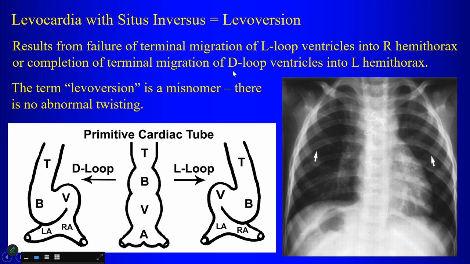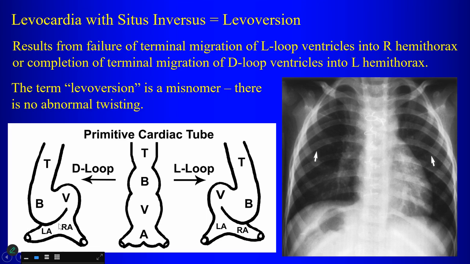Completion of terminal migration of the D-loop ventricles into the left hemithorax. Remember we said if we have D-loop ventricles, right? These D-loop ventricles should migrate to the left side, but here we have situs inversus, right?